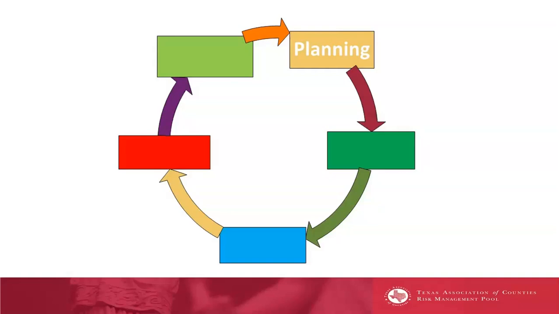Some additional steps that you may need as part of your crisis management process is to have a crisis management team, and the team should include all departments and employees from all levels of your organization. You also need to have an established delegated authority and a chain of command. So it does need to be organized.